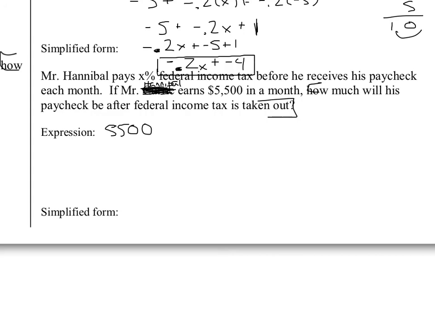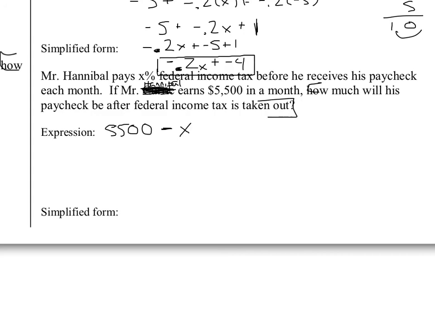How am I going to represent the federal government taking away a percentage of Mr. Hannibal's income? By X. How? What do you mean? I've got 5,500 as our starting, then what? Okay, subtracting X. But Crescent, your partner, just said that X was a percent.